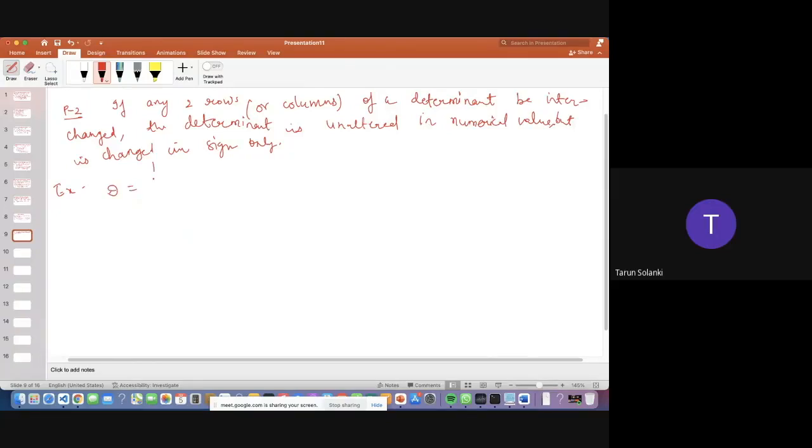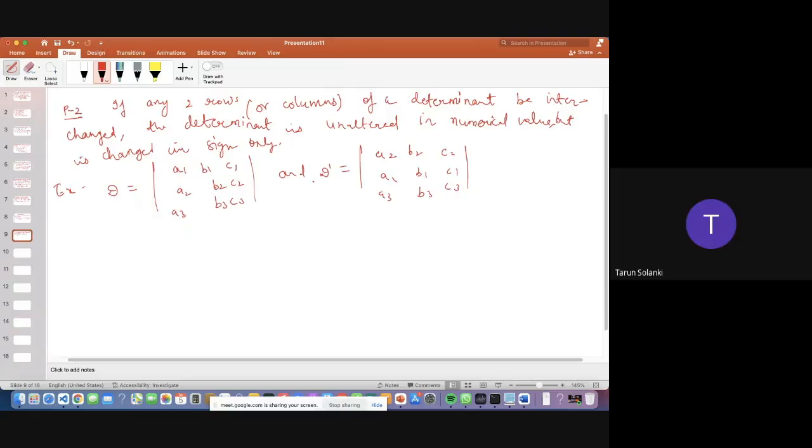Let D equal A1, B1, C1, A2, B2, C2, A3, B3, C3, and D dash is A2, B2, C2, A1, B1, C1, A3, B3, C3.